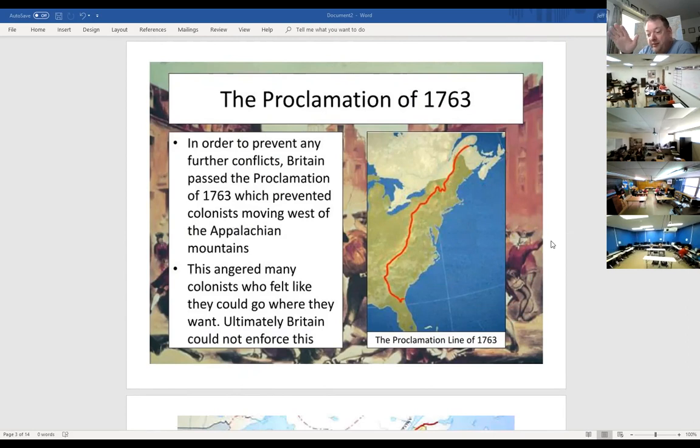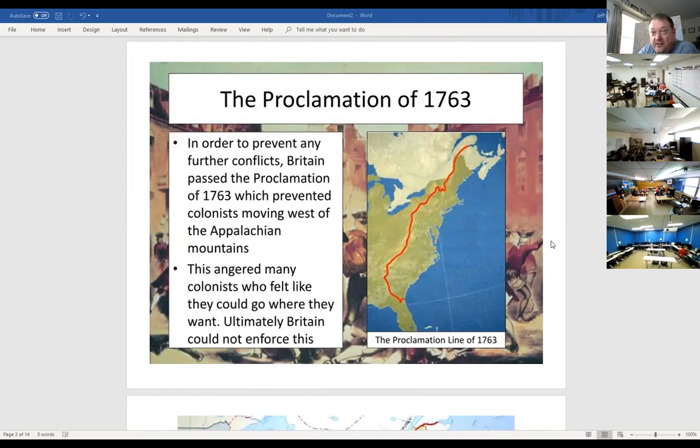So far we can sum it up this way. The French and Indian War was about real estate, right? More territory. And now the Proclamation of 1763, while there is an element of protecting the people from more conflict, let's help them get back focused on what's going on in the colonies, and continue to be a cash cow for England.